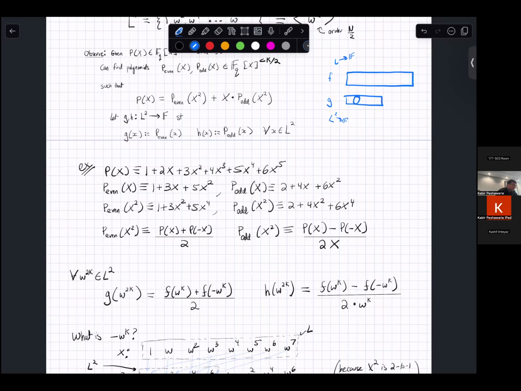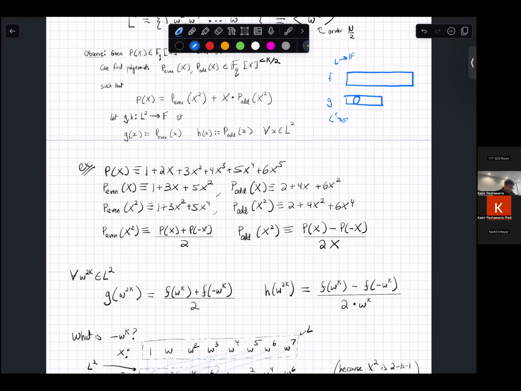You can say that if there really is a polynomial that underlies F, then you can find the even and odd refinements of that polynomial, and then use that to figure out a polynomial that should agree with G. That's a very roundabout way.